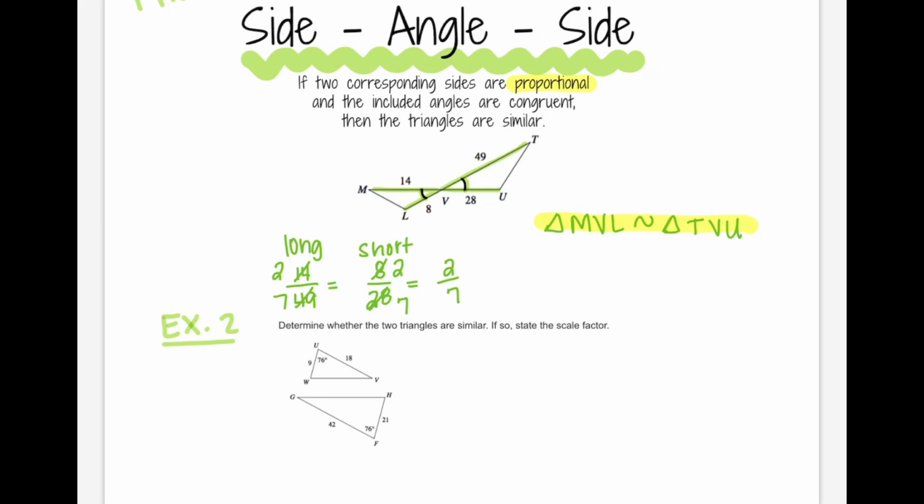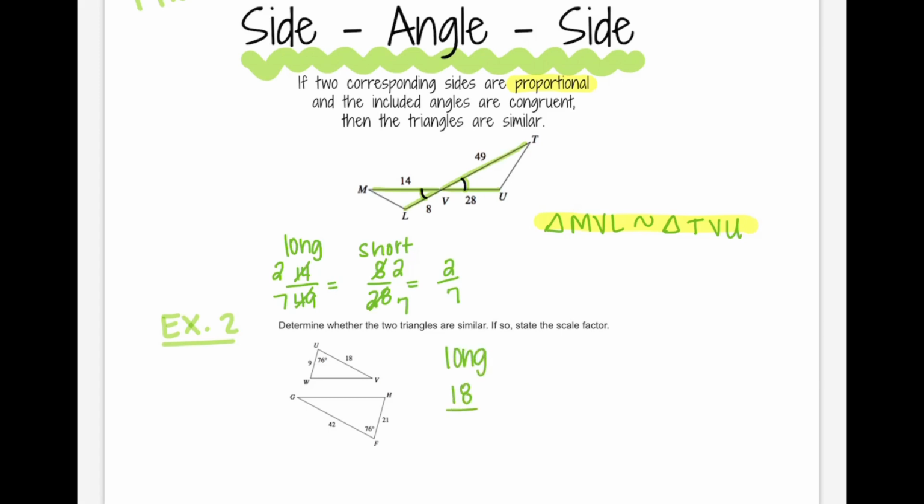If so, state the scale factor. The scale factor is the factor that you would get when you simplify the fractions of the proportions. So we'll start by just finding out if they are similar or not.